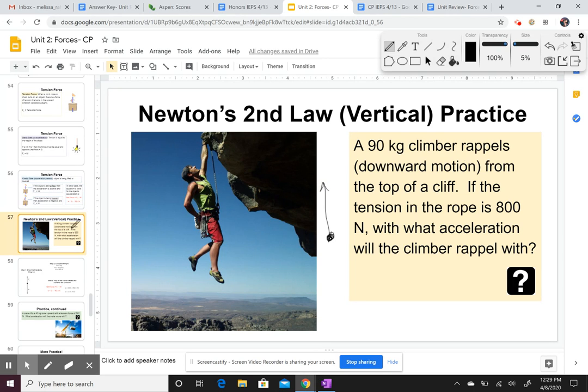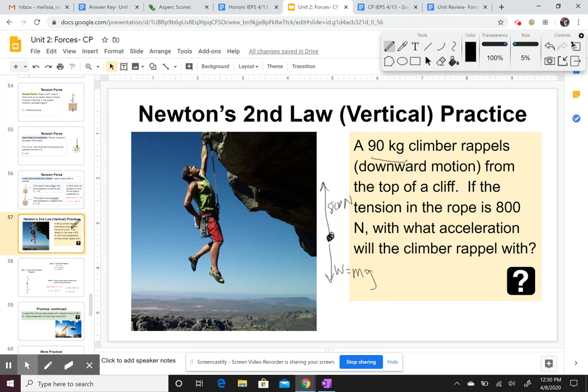So tension is an upward force. I'm going to draw that in, 800 newtons up. The force that's pulling him down is his weight. And the problem doesn't tell us what the weight is. The problem only gives us his mass. So you have to use that formula that we just learned, W equals mg, to solve for weight.